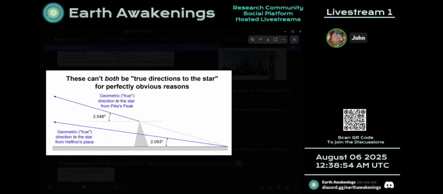But if you're looking at something near the horizon, if the observer has to look through a lot of atmosphere to see that thing, then Stellarium makes the standard atmosphere or standard astronomical correction to indicate where the star is.